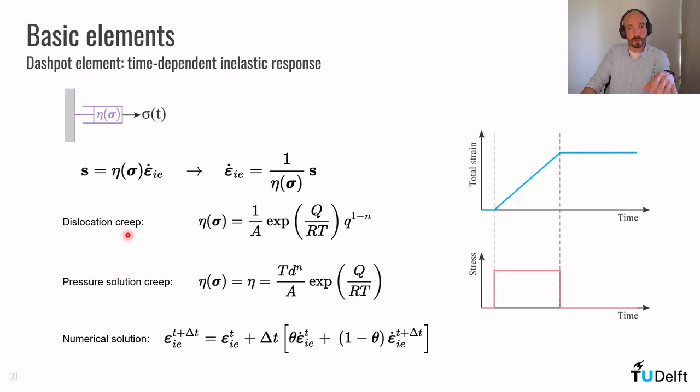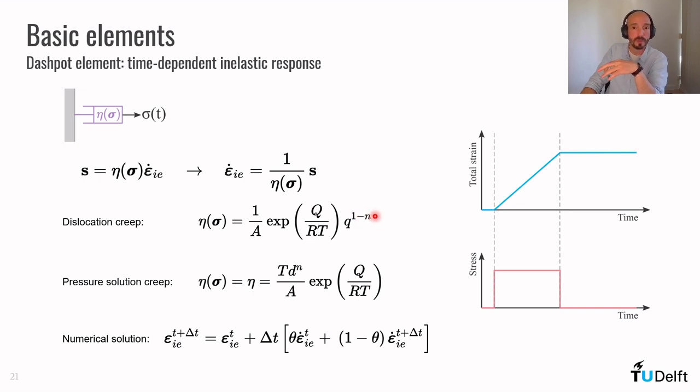For dislocation creep, we can think of the viscosity of this dashpot as given by this expression here. A is a material parameter, Q is the activation energy, R is the universal gas constant, T is the temperature of the material, and q is the von Mises stress, to the power 1 minus n. n is also a material parameter.